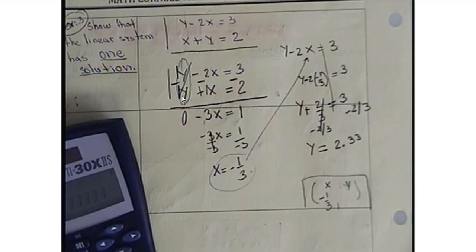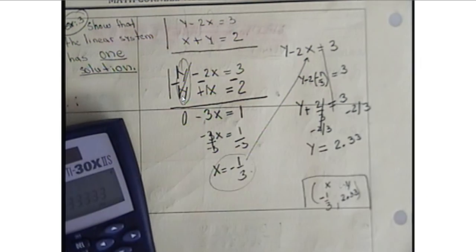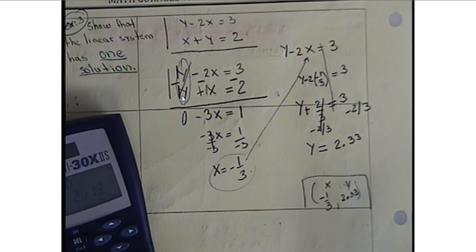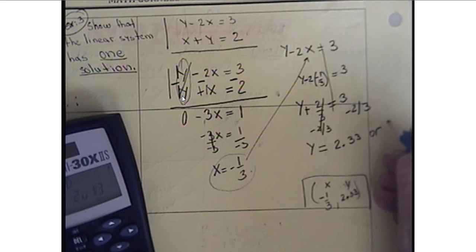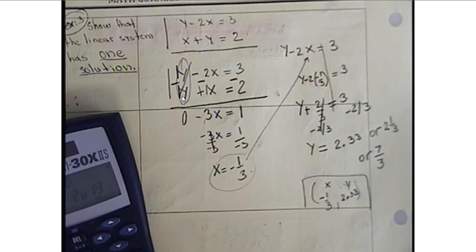And that will be the answer. So I will put 2.333. You can definitely convert that to a fraction, which will be 2 and 1/3, or also as an improper fraction will be 7/3. And that will be the final answer.